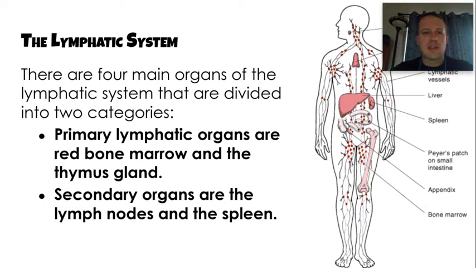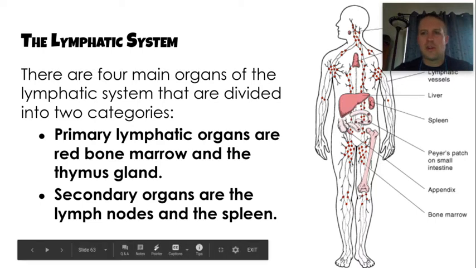And then the secondary organs are things like the lymph nodes and the spleen. And those are where lymphocytes are activated and cloned. So they're produced in the thymus and the red bone marrow, and then they get activated and cloned in the lymph nodes and the spleen, and that's where they're doing their defending of you against pathogens.